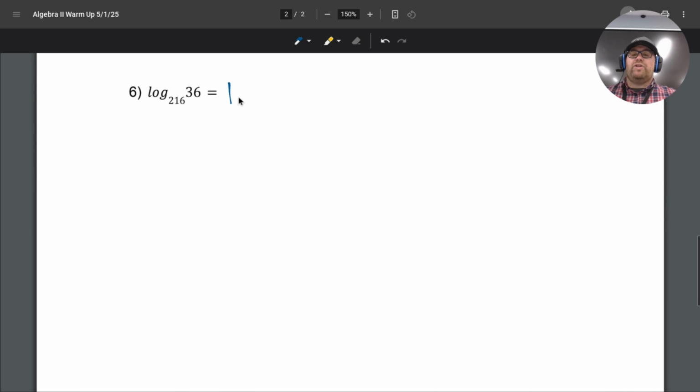So we're going to do another change of base. So we'll do log base c of 36 over log base c of 216. Okay, so log base c, we have to pick a c value that will multiply by itself to give me both 36 and 216.